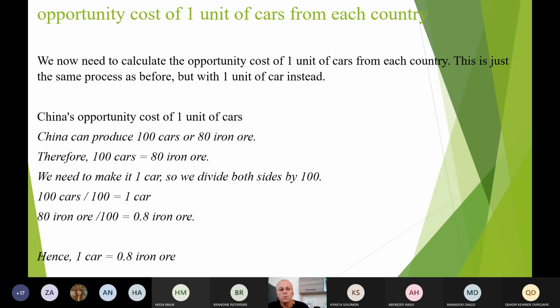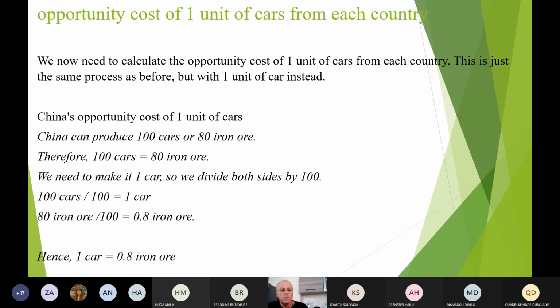We now need to calculate the opportunity cost of 1 unit of cars from each country. This is the same process as we did, but we are using 1 unit of car instead of iron ore. China's opportunity cost of 1 unit of car then will become 100 cars or 80 iron ores.